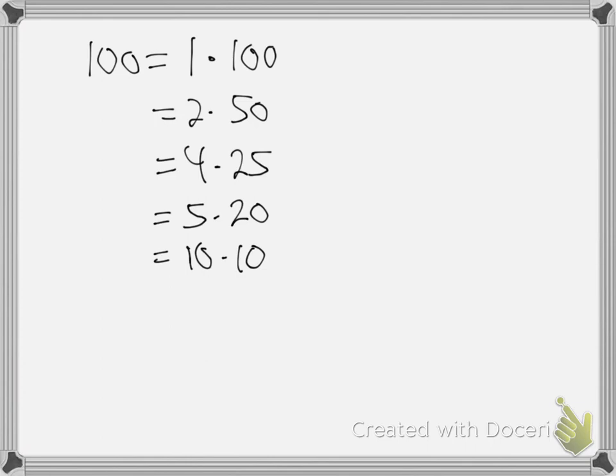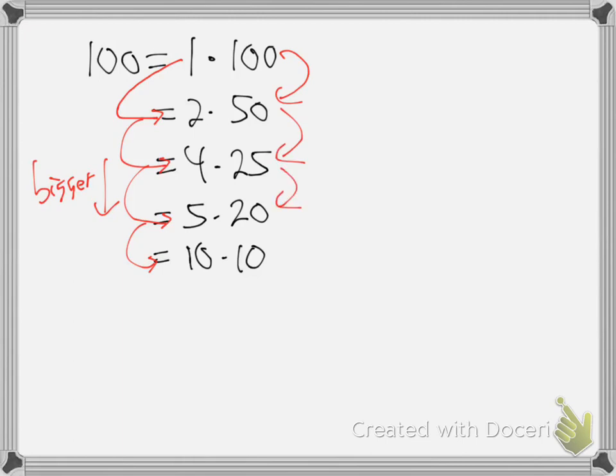Notice the pattern. What's happening to these numbers as we go from here? They're getting bigger, aren't they? They're getting bigger as we go down this way. And what's happening to the numbers on this side? As we go down, they're getting smaller. And then right here, they come together. The numbers on the left side are getting bigger, the ones on the right are getting smaller until they tie.